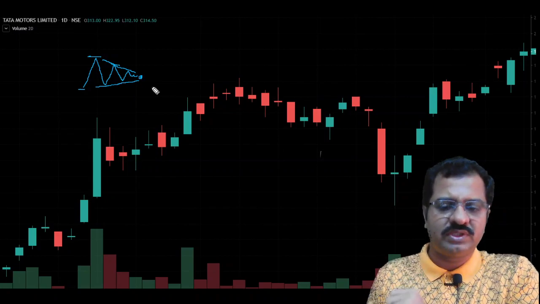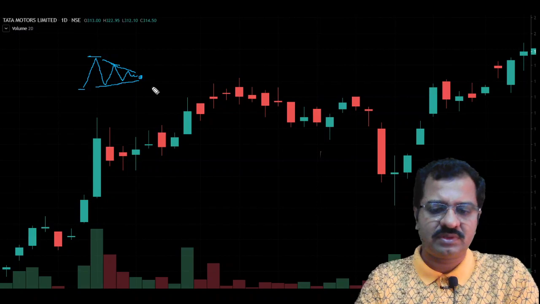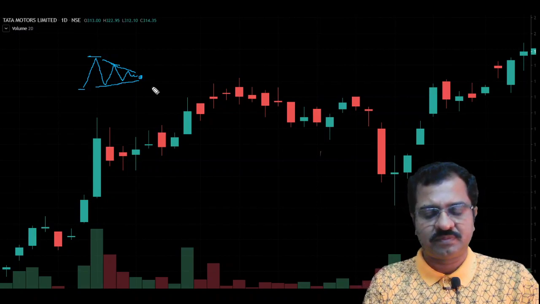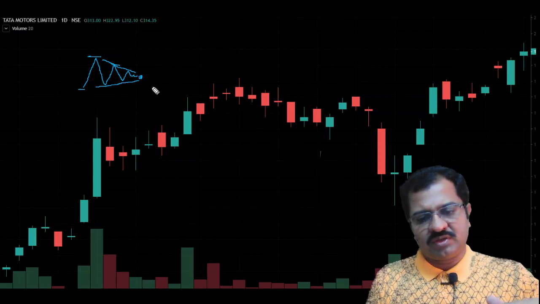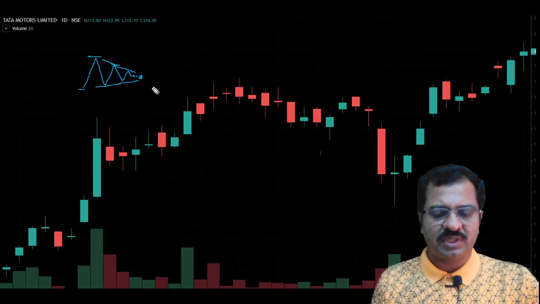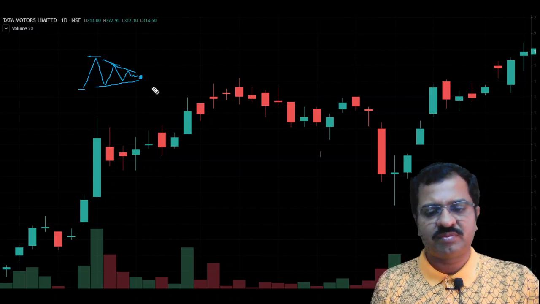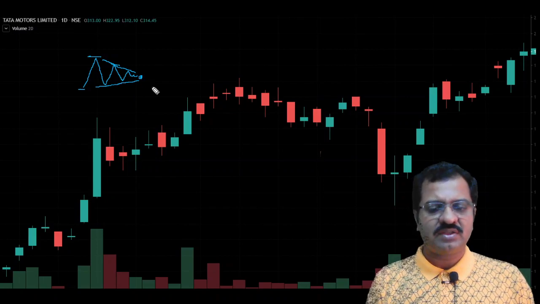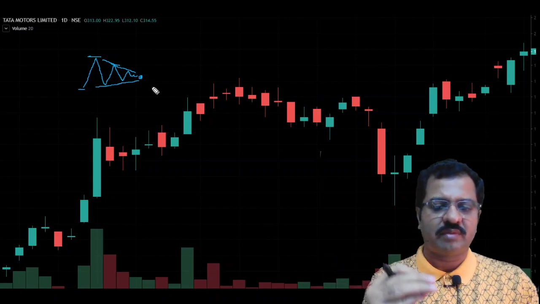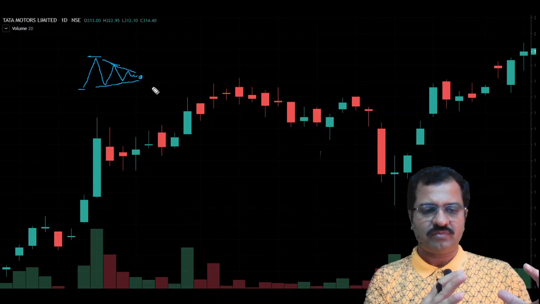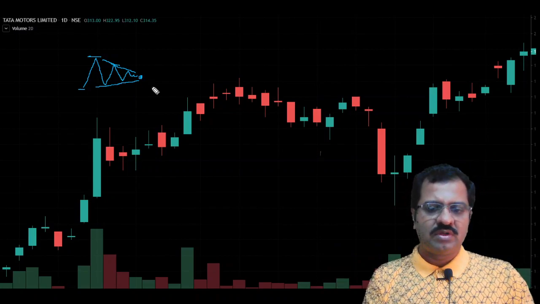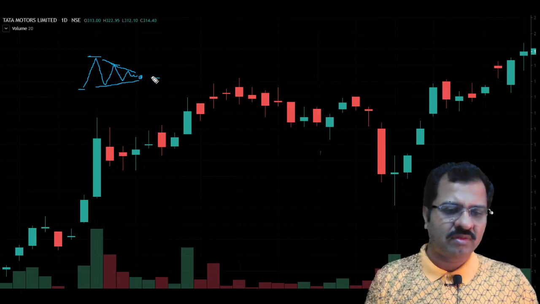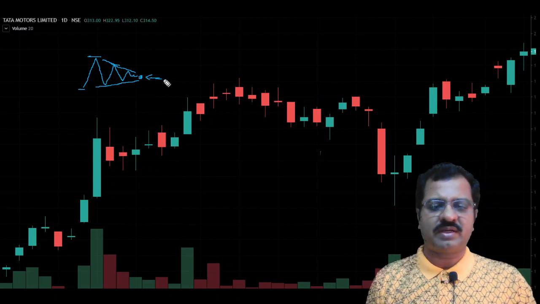This is called a squeeze. What is this squeeze? This is indecision, because sellers are pushing the price down from the upside and buyers are trying to push it from the downside, right? So the battle between sellers and buyers is going on. Both of them are coming closer. Now this is a neck-to-neck battle, a decisive battle.